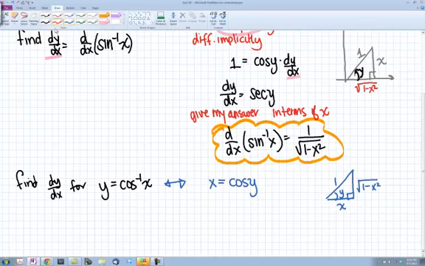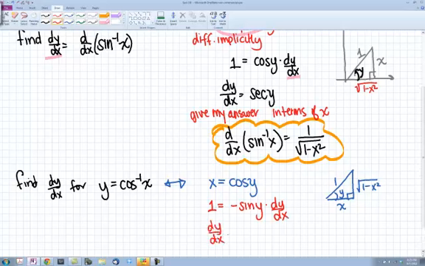Okay, so now let's differentiate implicitly. The derivative of x with respect to x is 1. The derivative of cosine y with respect to x. Do you remember what the derivative of cosine y is? It's negative sine y. Don't forget your dy/dx. So that means dy/dx equals negative 1 over sine y, or negative cosecant y.